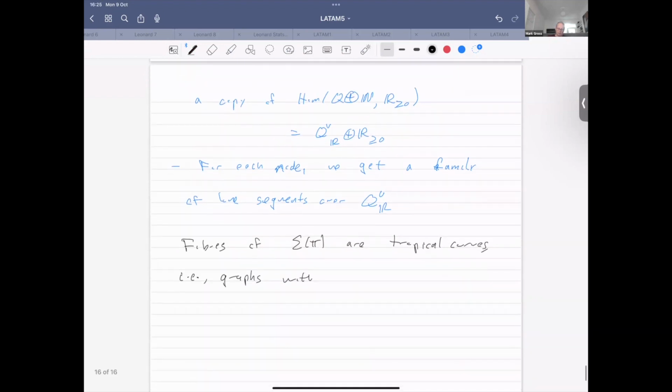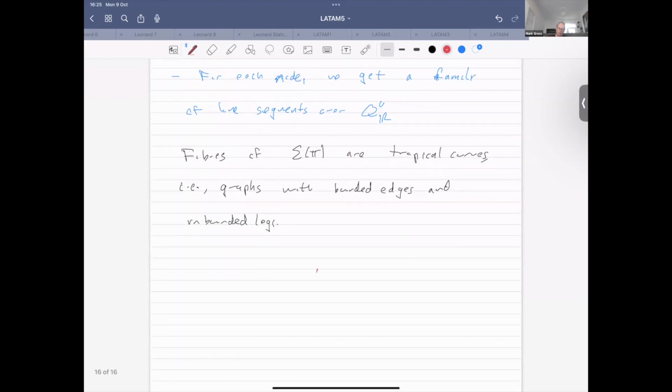with bounded edges and unbounded legs. In this particular example, a fiber looks something like this. We have one point for each irreducible component. We have a bounded edge for each node, and those edges connect the vertices corresponding to the different irreducible components.